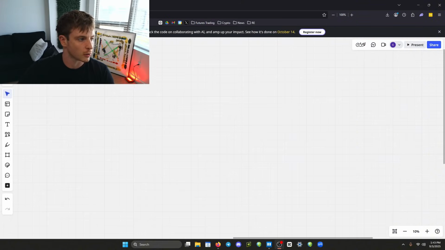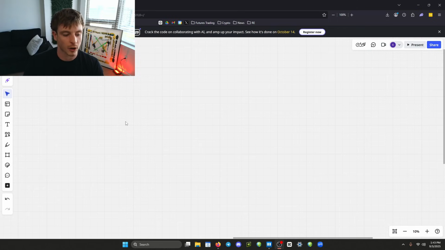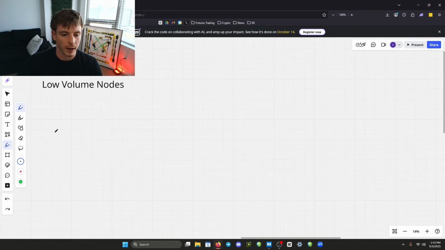So let's talk about low volume nodes now. I already mentioned the low volume node continuation setup, but that is more of an intraday formation of a low volume node. If you remember back to my volume profile video, this is what a low volume node could look like. Let's imagine this is a session profile. Here's an area of fair value, and then it looks like that.